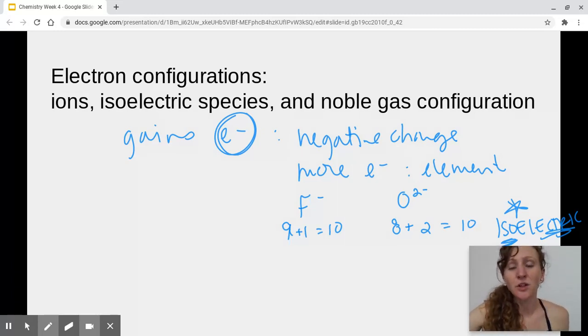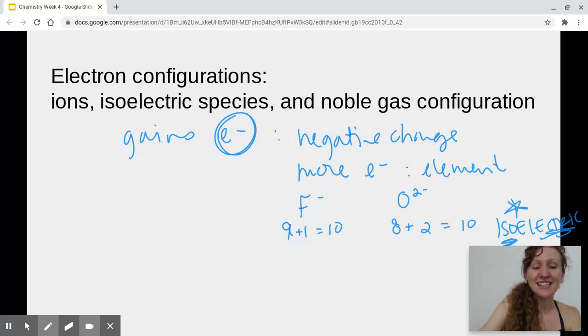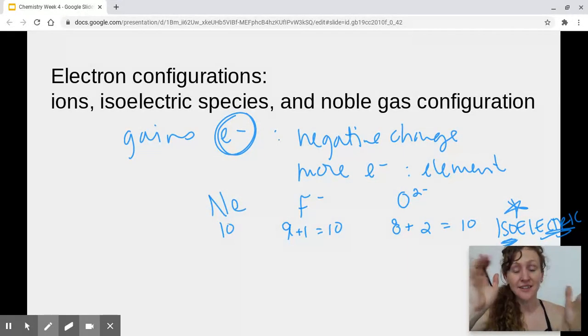I want you to look at the periodic table and find me a neutral element that would be isoelectric with these two ions. Pause the video here and go find that. Hopefully the one you found is neon. Neon normally has 10 protons and also has 10 electrons. So neon would be isoelectric with the fluorine that has become an ion.